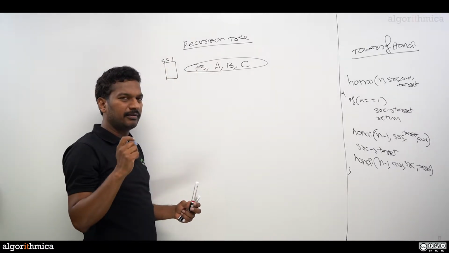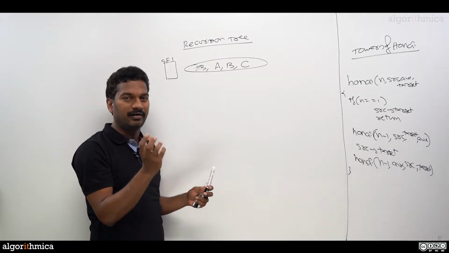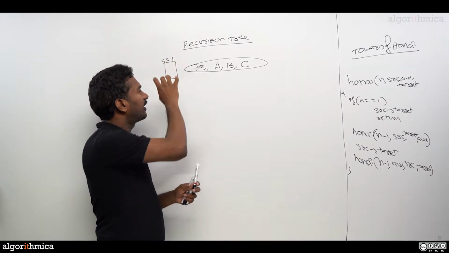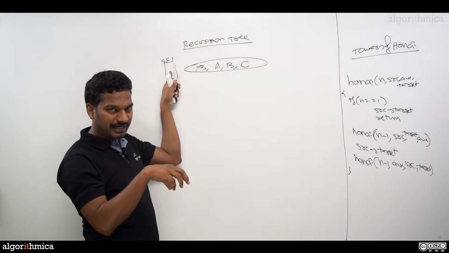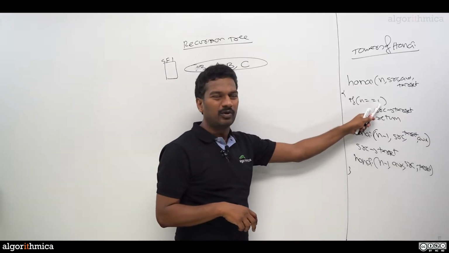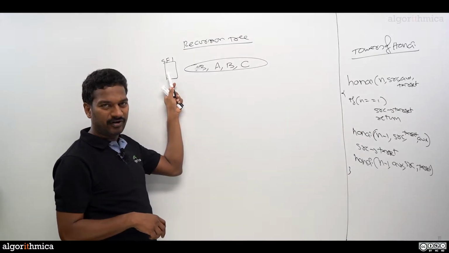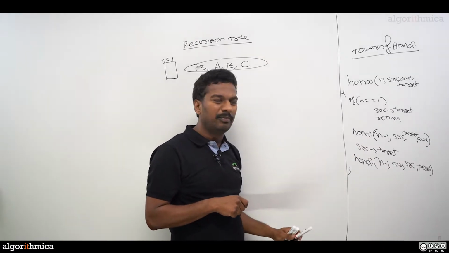All the local data, return addresses, and whatever other overhead information is required for a function call, we keep in the stack frame. Once the stack frame is ready, it is pushed onto the process stack. Now we execute the body. The condition n equal to 1 is not satisfied since n is 3, so we make a call.